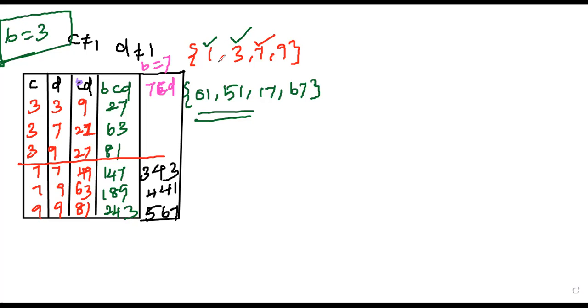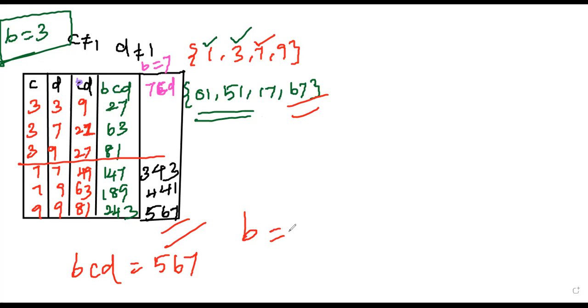Yes. Finally, you have 67 here. So this satisfies our condition, right? So 7CD, which means BCD is 567. So B was 7 and C 9. For D, it is 9, right?